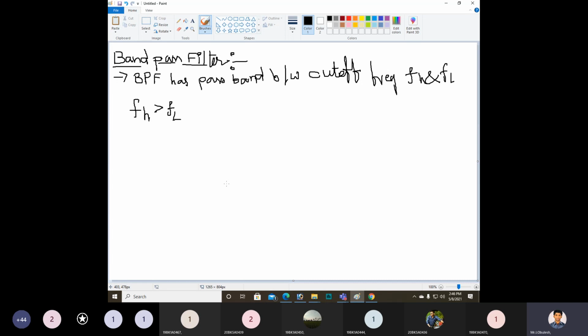Here we have two types of band pass filters based on figure of merit or quality factor. Both are the same, figure of merit and quality factor. Based on that, they are classified into two types.